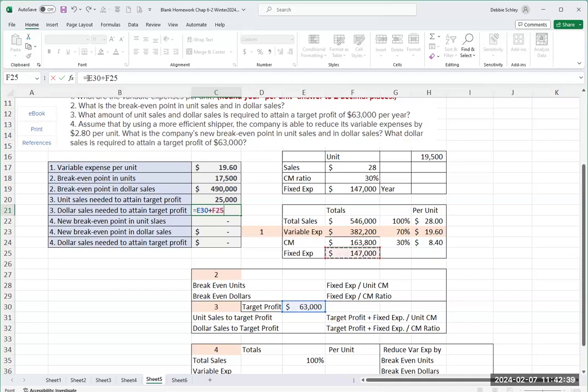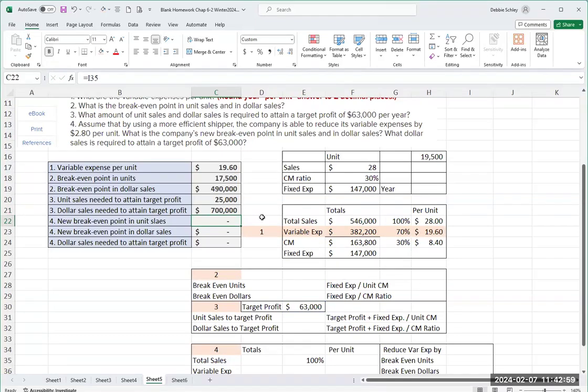And somebody should be yelling about now because I forgot my parentheses, and that will make a wrong answer if you don't have your parentheses. Now I can divide by the contribution margin ratio. Okay, so there's my dollar sales to the target profit.